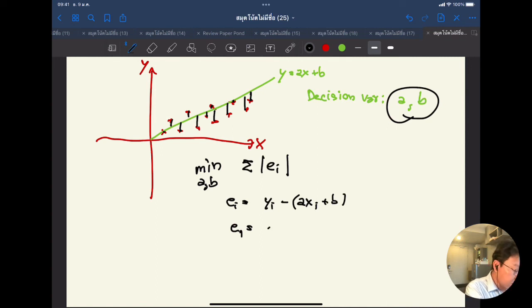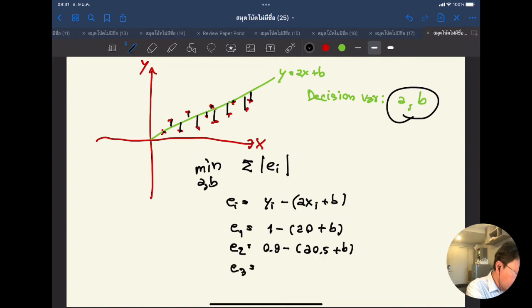What is it? For E1, y is 1, so it must be subtracted by a times xi. x1 is 0, so I put 0 here and b here, right? And E2 is the subtraction of the output, our output is 0.9, and we subtract it with a times our input 0.5 plus b, okay?